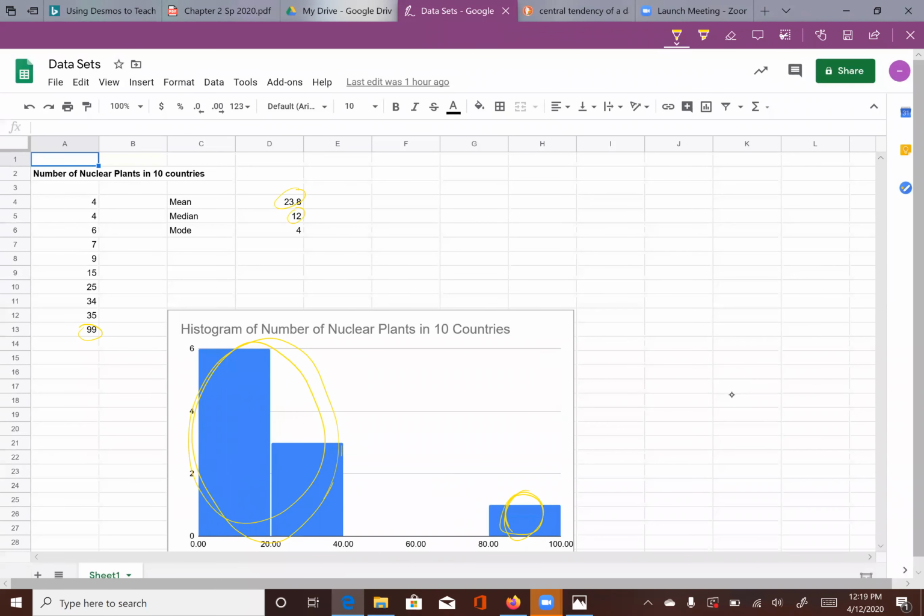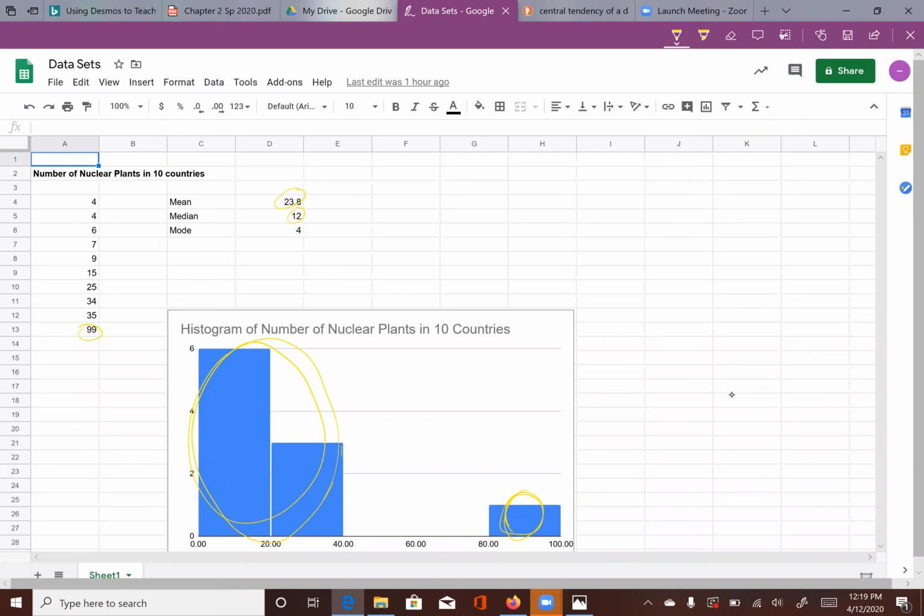So the mean is almost twice the median. I think it's because of this outlier. This outlier skewed the mean to the right of the data set. So when you see that there's an outlier, the mean is very large compared to the median.